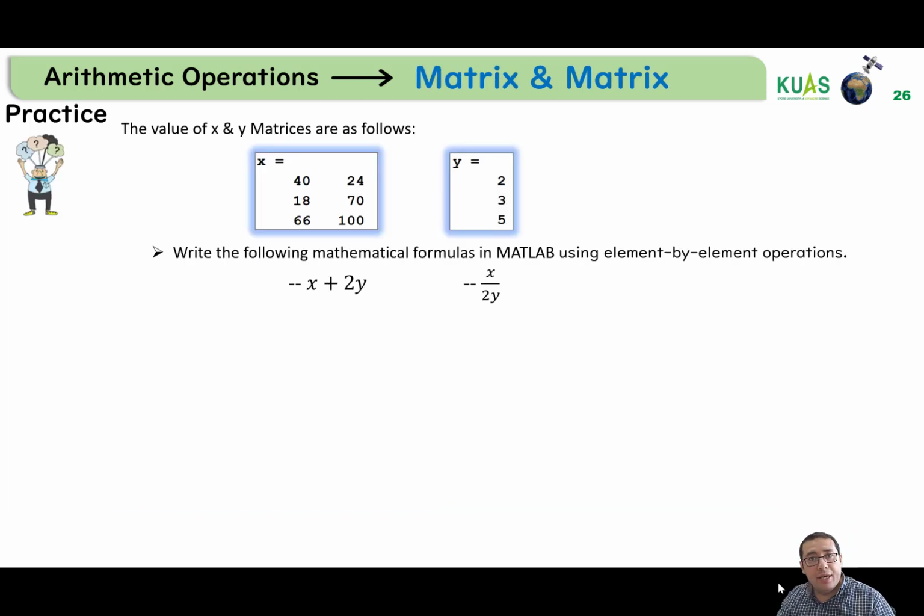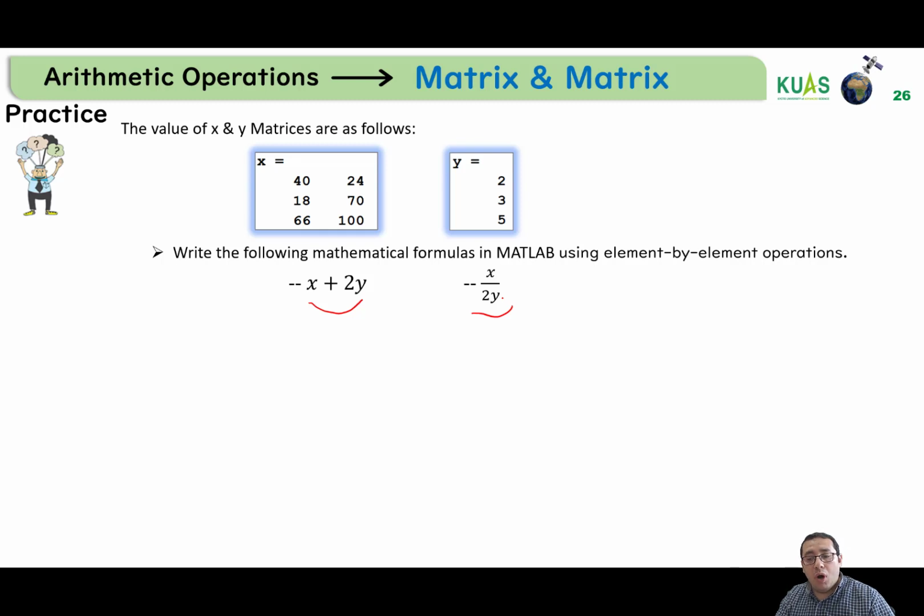Okay, let's consider the last example. We have X as a 3 by 2 matrix, and Y is a column vector. We need to write the following formulas, X plus 2y and X divided by 2y, and convert these mathematical formulas to MATLAB considering the element by element operation.